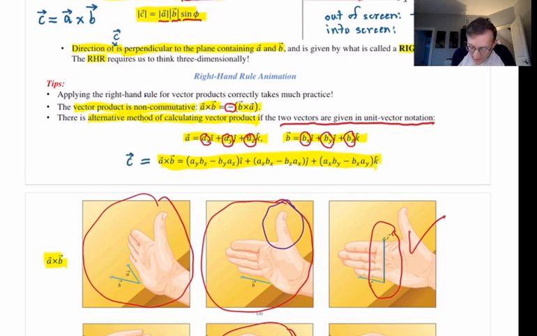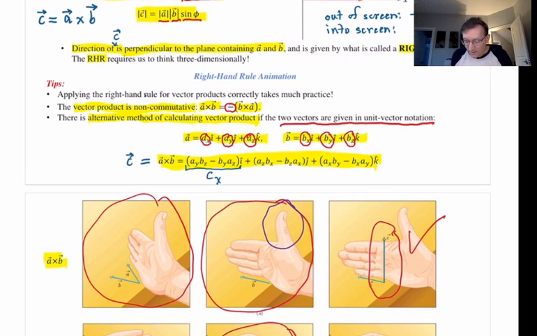In other words, all the stuff in this first set of parentheses is the x component of the resultant C. You get the x component of C by taking the y component of A times the z component of B minus the y component of B times the z component of A. And you cannot change those components. You cannot switch them around and do anything with the order. You must leave it like that.